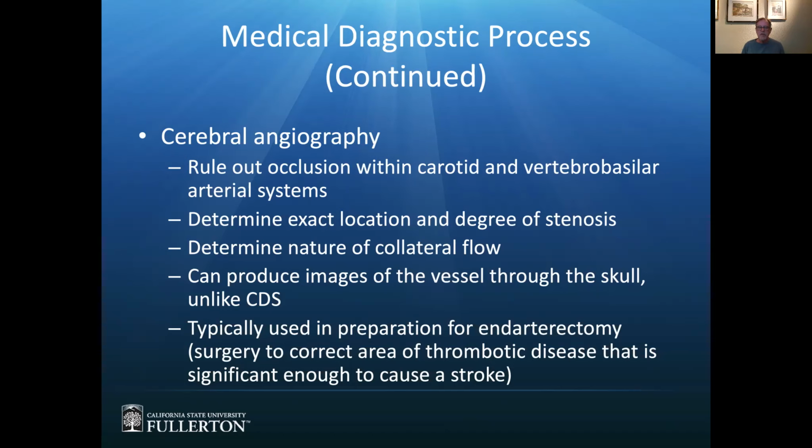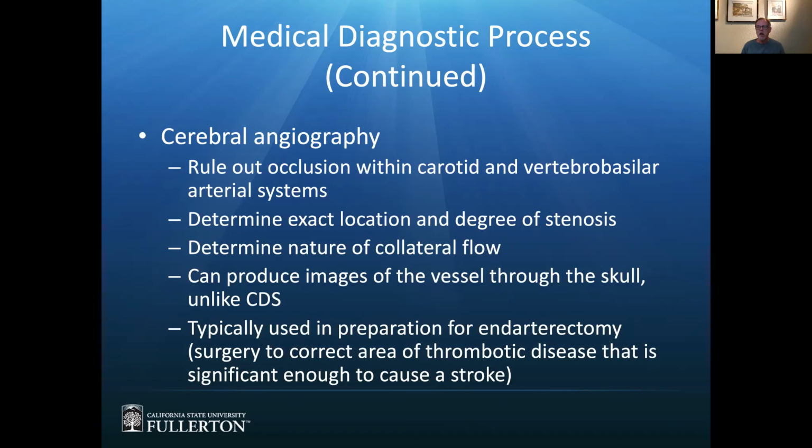Let's see. And so because there's X-ray involved, not just a CT scan, they can actually see the vessel through the bone. So they can see the whole thing. So as I said, the last point is it's typically done in preparation for an endarterectomy, which is the surgery to correct the thrombotic disease that is causing the stroke or TIA, or that's putting the person at risk for a stroke.